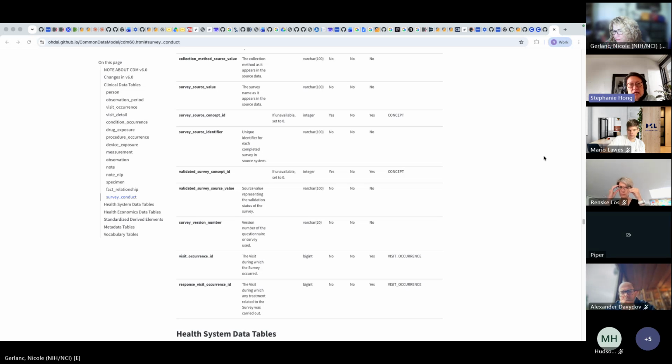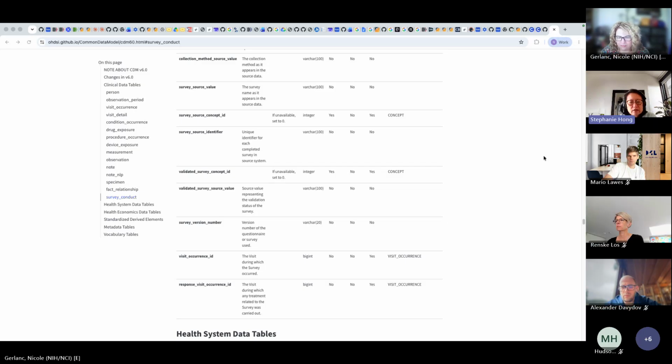If you want to provide all that linkage, you could also use the fact relationship table. Probably Alex could help me explain that more, but the relationship table could specify all these different things between survey conduct and data that exists in different domains.